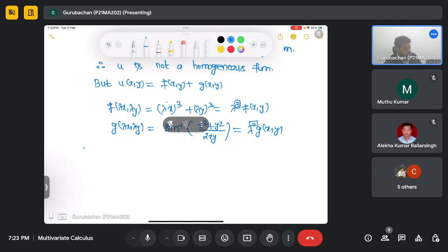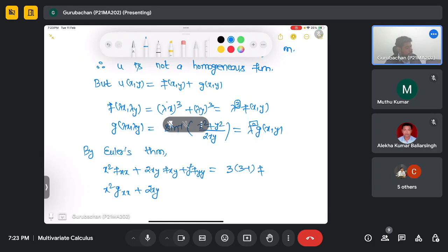So by Euler's theorem, we will apply Euler's theorem on both the functions explicitly. The first function will give us x square f_xx, 2xy f_xy, y square f_yy equal to 3 into 3 minus 1 into f, while the function g will give us x square g_xx, 2xy g_xy, y square g_yy.